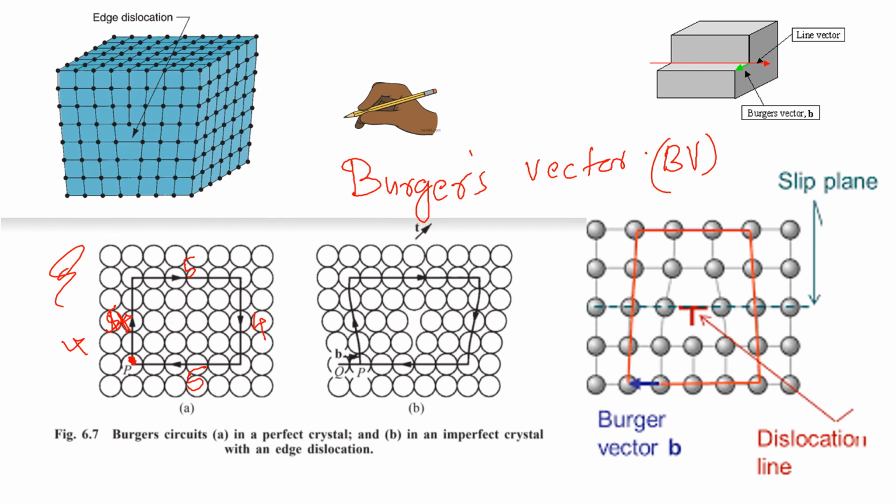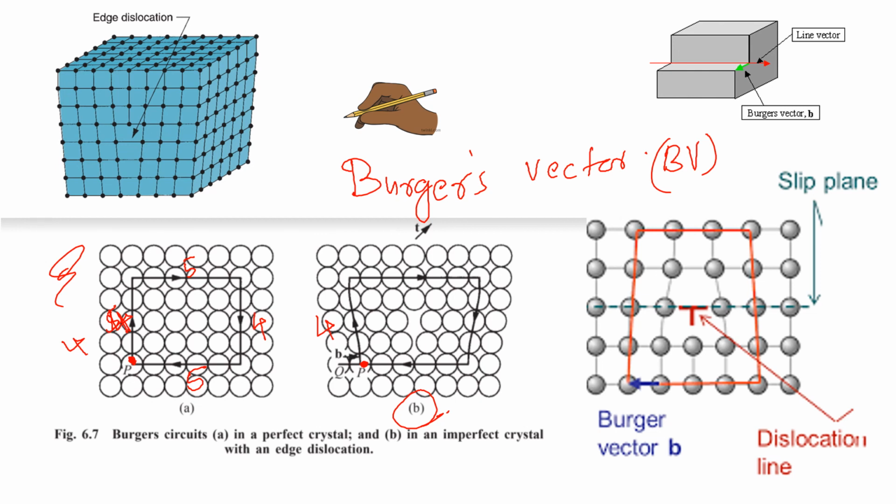Now let us try to draw the Burger circuit for an edge dislocated crystal shown in figure B here. Starting from the point P, we are moving 4 crystal distances upward.